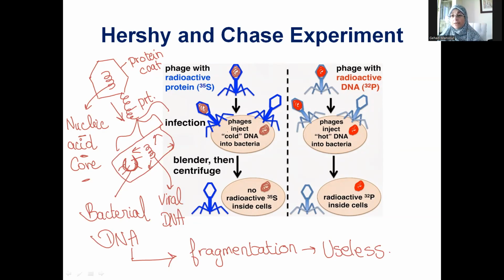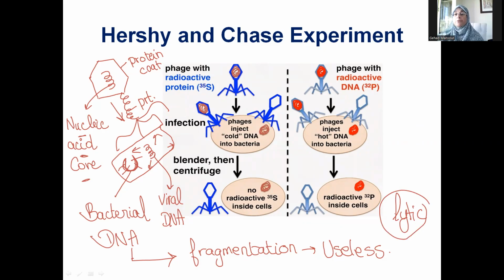And at the end of the day, the bacterium ruptures and releases thousands of molecules of DNA. All this is important to understand how viruses reproduce through a lytic process. We call this the lytic process of replication, and we're going to study it at the end of this unit because it is important.